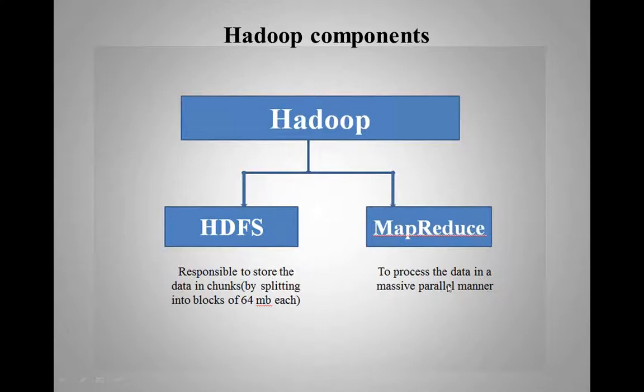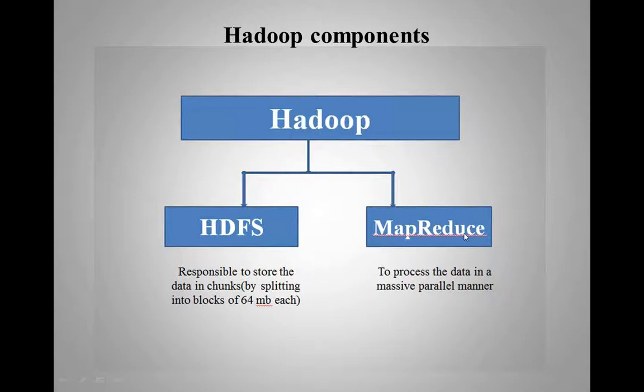Since you are storing the data and processing the data on the same cluster, using MapReduce you can process the data that was stored in your HDFS. Since you are doing both on the same cluster, your network issues will almost be eradicated.